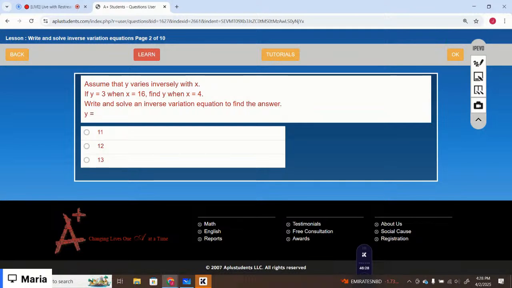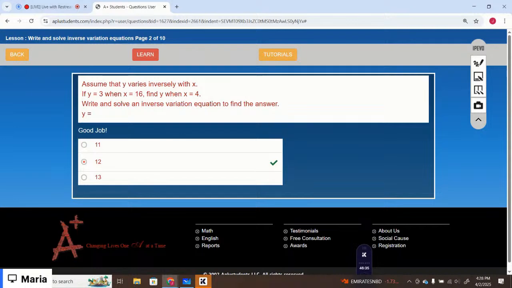Is 12. X equals 4. Y equals 12. Option number 2 is the correct option.